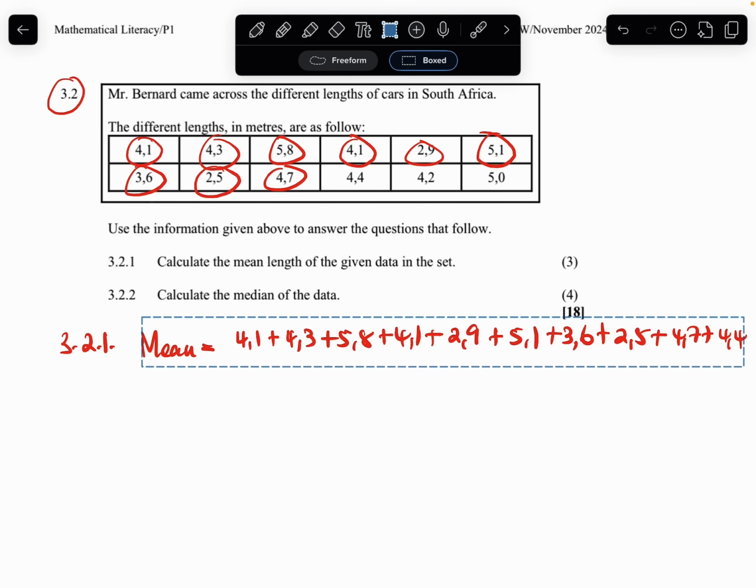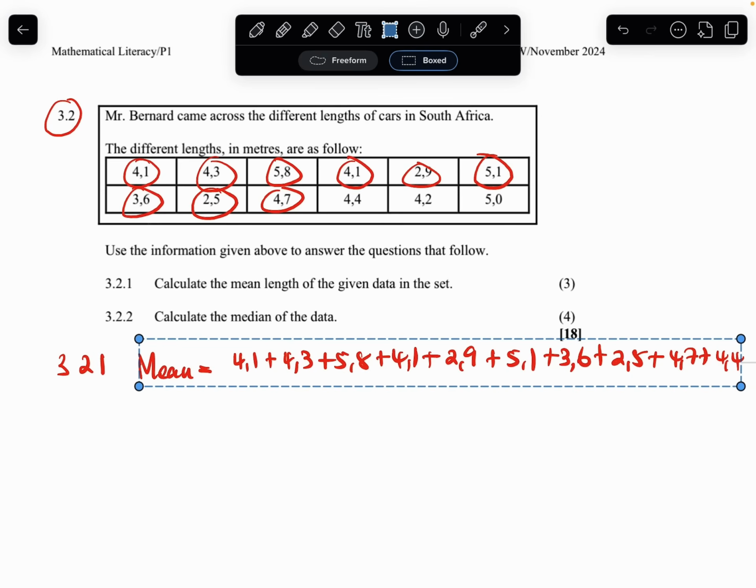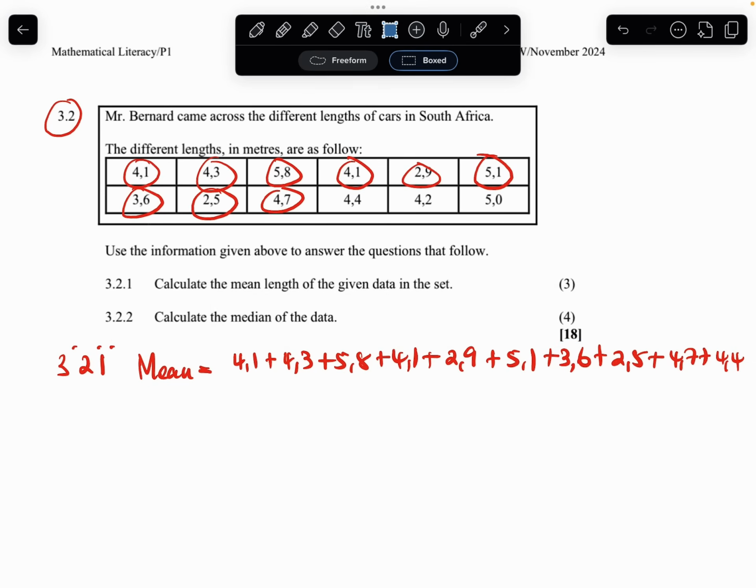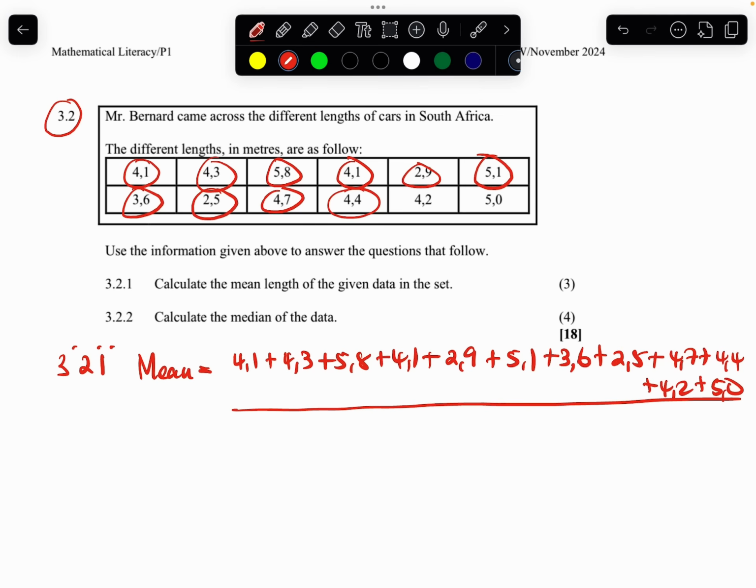After 4.4, it's 4.2. So we're going to say plus 4.2 plus 5.0, and then we divide all this by what?